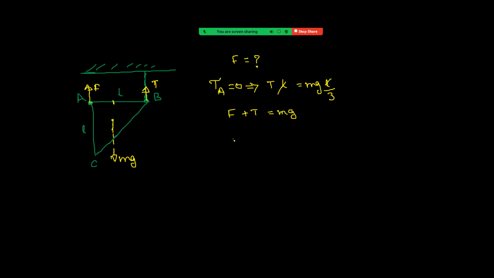Tension is mg by 3. So F equal to mg minus tension, that is now 2 mg by 3. That is the force at the support. Okay. So very simple and direct one. So first we have taken the torque equation and next we have taken the force equation, right?